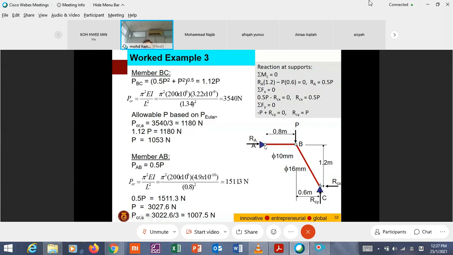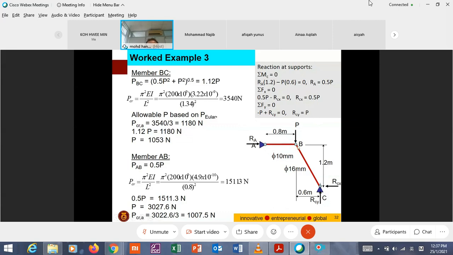Therefore, reaction here is 0. Therefore, RAY is equal to 0. Now, this is your homework. You study this calculation of reaction, to make it familiar with the force system.